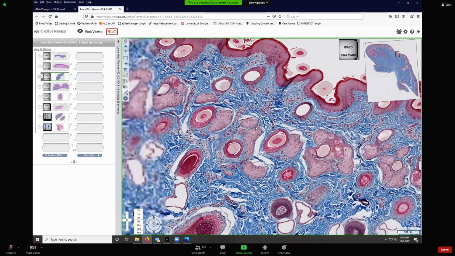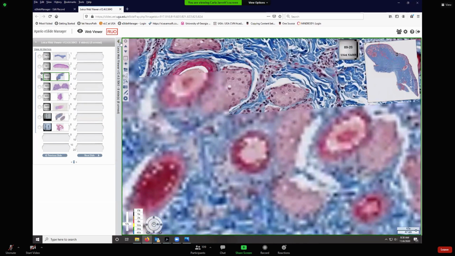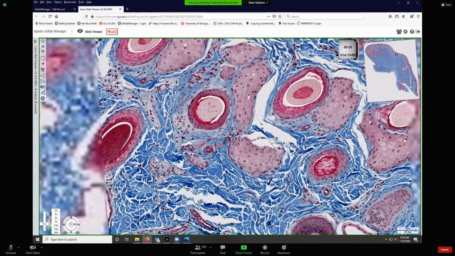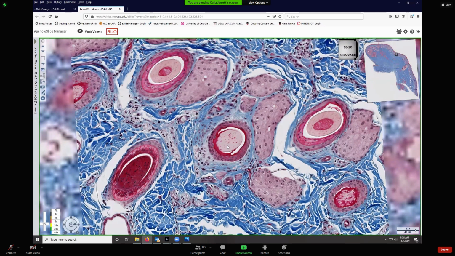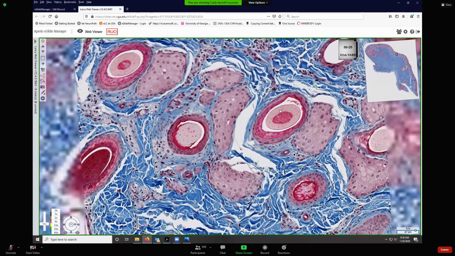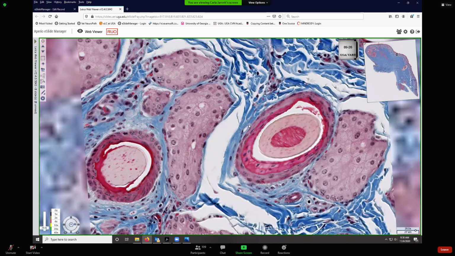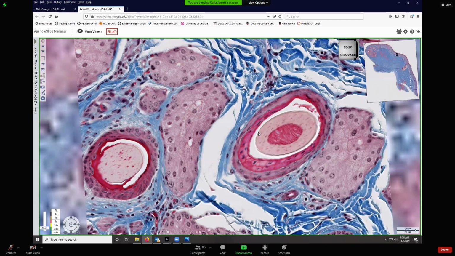Here we go. So this hair is obliqued, so we're only seeing cortex. And how I know that is because here's cortex here. And you can see those opposing layers of shingles right there. They're going this way on the cuticle of the hair, and they're going that way in the cuticle of the hair follicle.